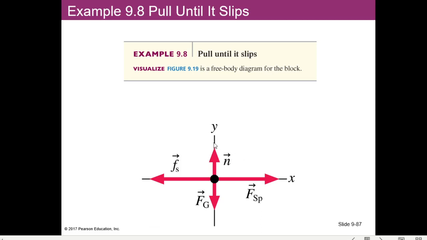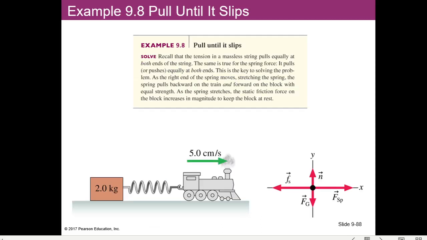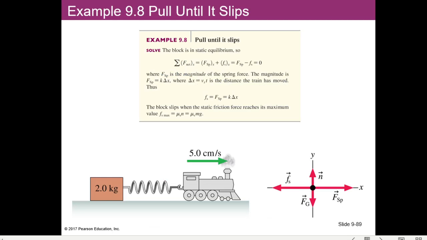And we can figure out how big n is by using Newton's second law in the y direction. So that's what he's going to do on the next slide. So here's the sum of the forces in the x direction, which is the spring force minus the static frictional force.